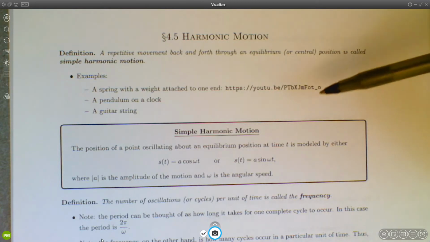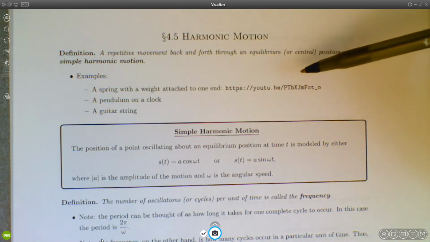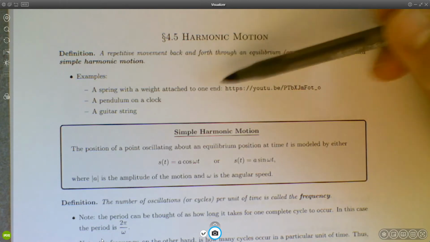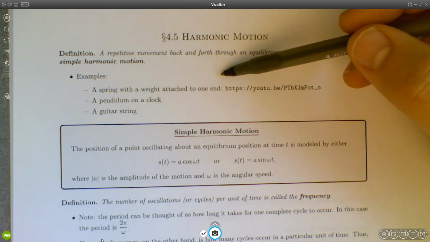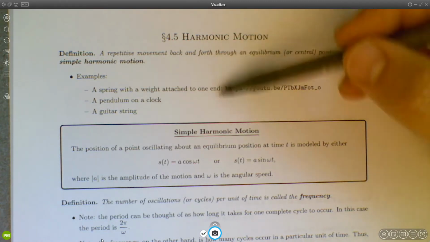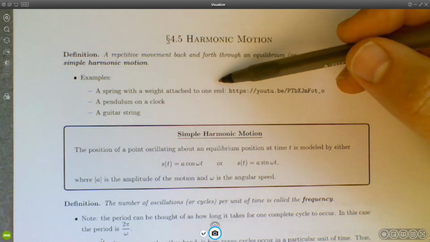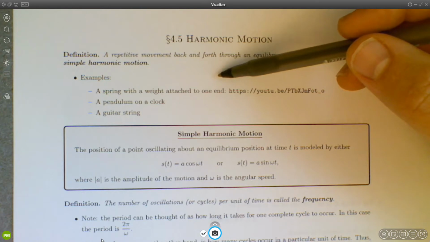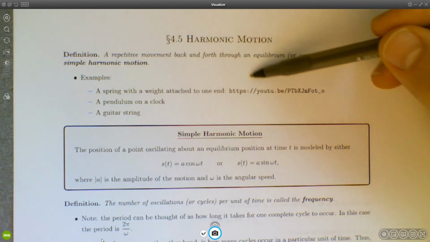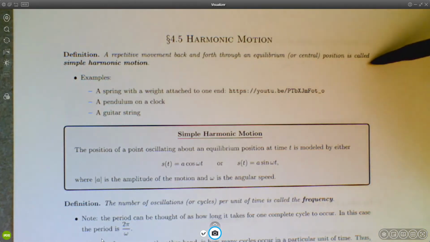It's a little animation of this idea, but the idea is that if you were to plot the distance of the weight from the equilibrium position as a function of time, you would get a little sinusoidal curve, right?